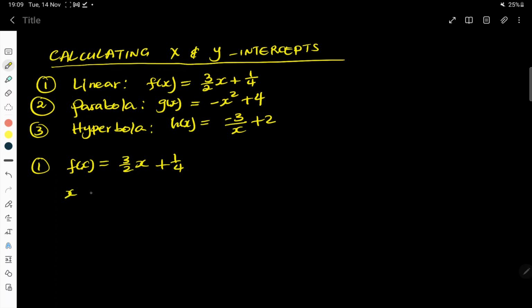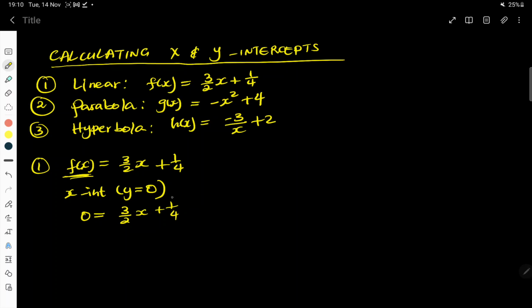When they require you to find the x-intercept, you must know that you let your y be equal to 0. That's the most important thing. You just put a 0 equal to 3 over 2x plus 1 over 4.